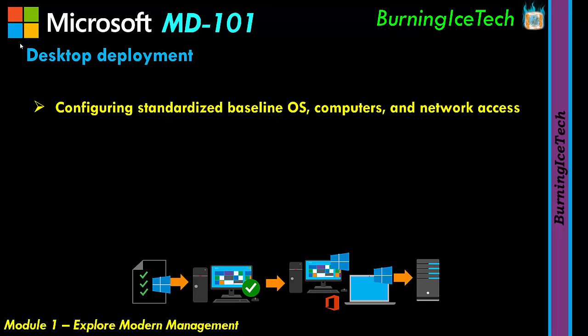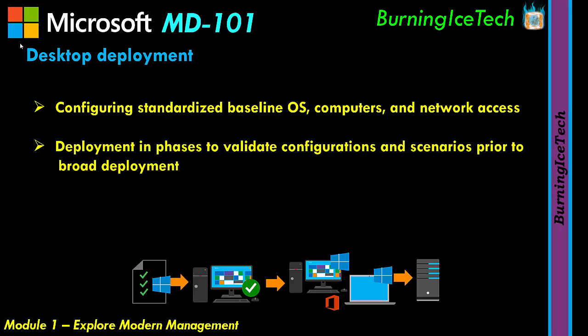Now, what we also have with regards to desktop deployment is deployment in phases to validate configurations and scenarios prior to broad deployment. So nobody just overnight deploys something big to the whole company, whether this be an operating system or a new program or a setting or whatever. That is a bad idea, guys.